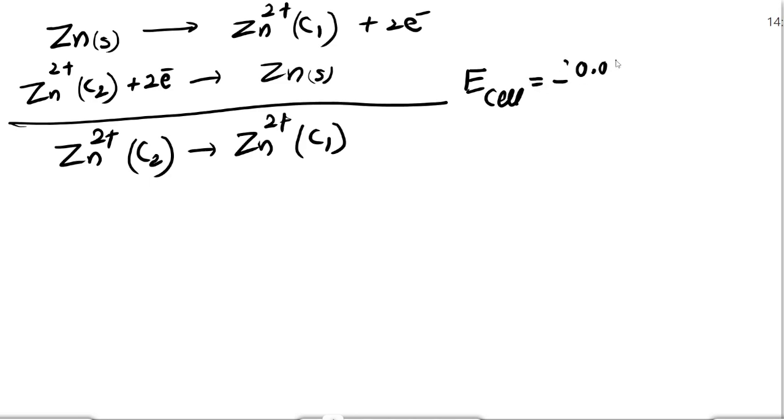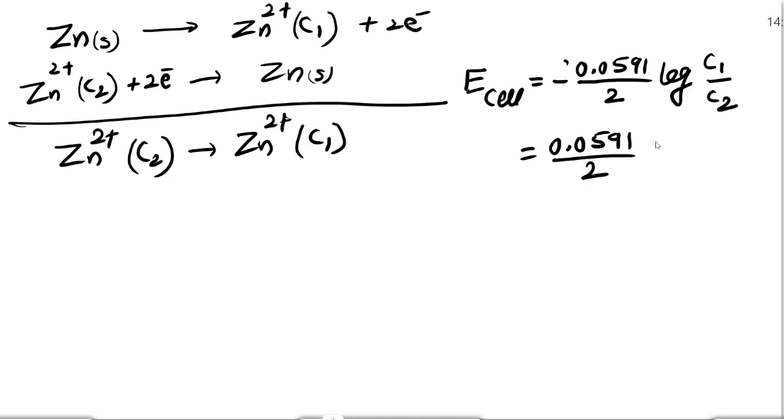Minus 0.0591 upon n log of product over reactant, or you can write it as 0.0591 upon 2 log of C2 by C1.